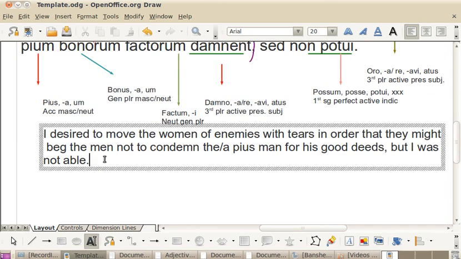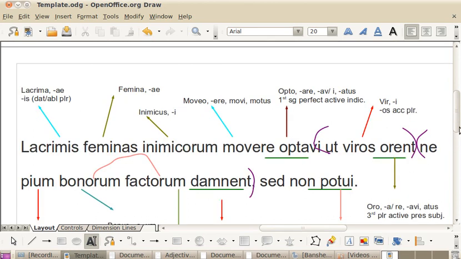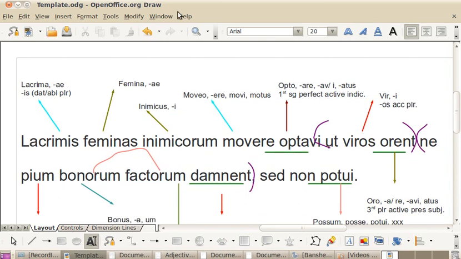I desired to move the women of the enemies with tears, in order that they might beg the men not to condemn a pious man for his good deeds, but I was not able to do so. So that is the completed translation for the second half of sentence 7 in the exercises for Unit 5 of Moreland Fleischer. Until the next sentence.